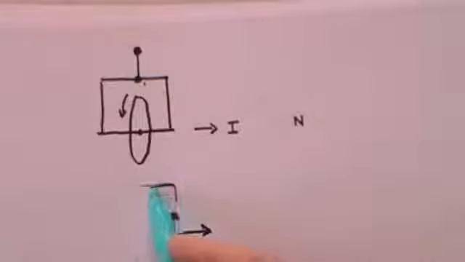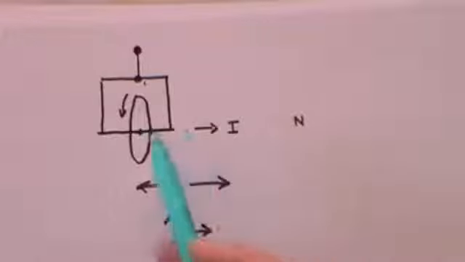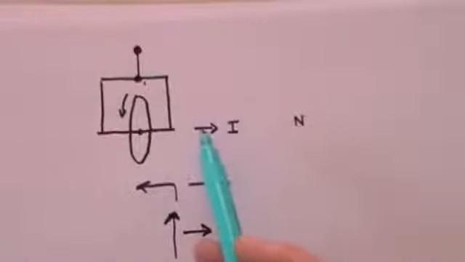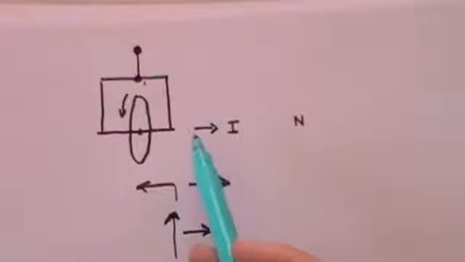If I turn a corner like this and I'm now walking in that direction, the gyroscope's axis will continue to point in that direction. No matter which way I turn, the gyroscope's axis must maintain the same direction because there's no torque on the system, so there can be no change in angular momentum.